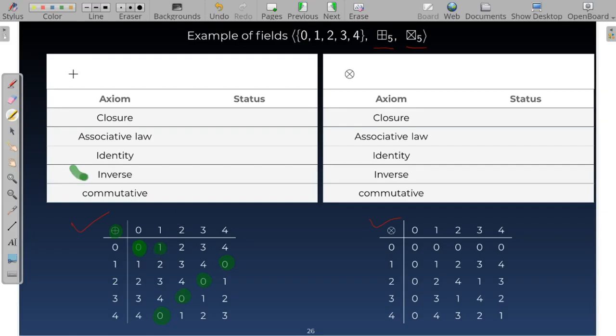So inverse is going to be satisfied. We already have identity element that is equal to 0. Closure is going to be satisfied because you don't have any other element here. Associative law is going to be satisfied. Inverse is going to be satisfied. And it is commutative. The reason why it is commutative is very simple.